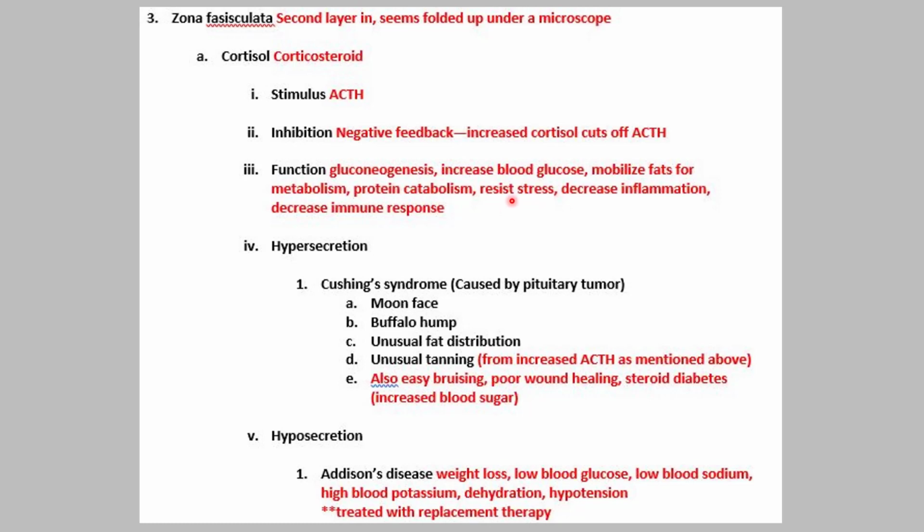All of this in an effort to resist stress. Stress causes ACTH to release, which we will see when we get to the pituitary gland. So stress really ultimately also results in cortisol release. And cortisol is a stress-resisting hormone. It gets you through stressful situations.